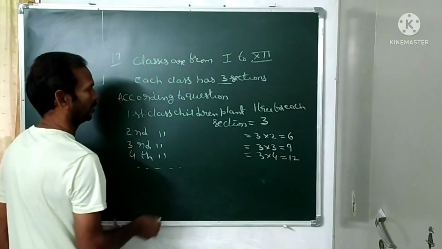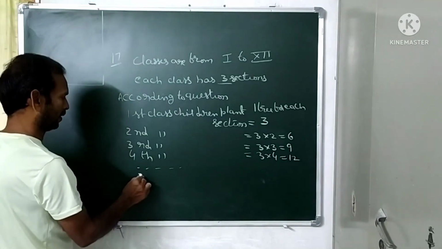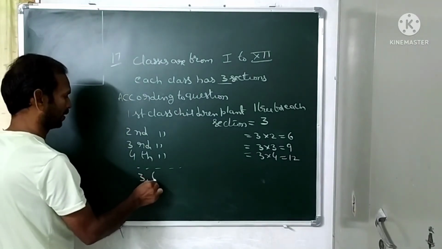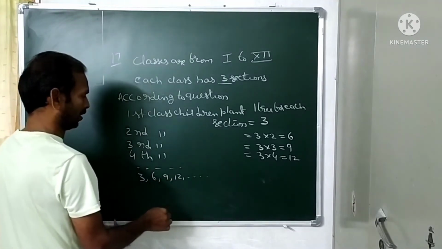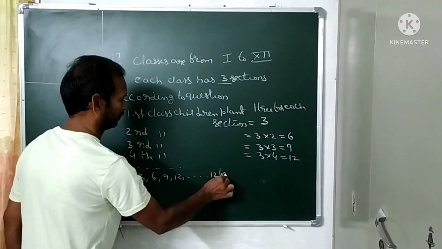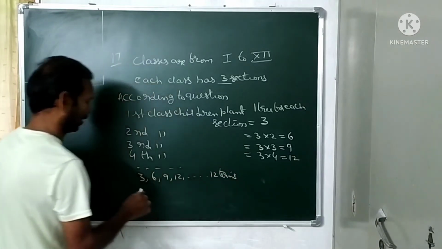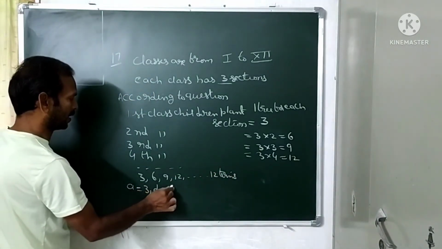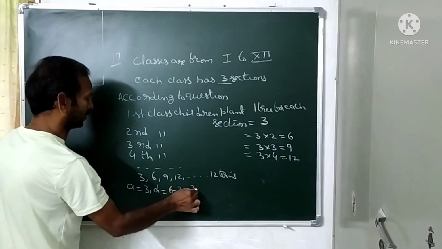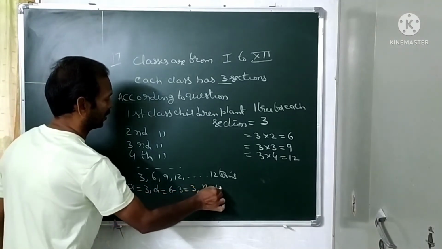So on and so on. So plants are 3, 6, 9, 12, and so on. How many terms? 12 terms. So here a is equal to 3, d is equal to 6 minus 3, which is 3, n is equal to 12.